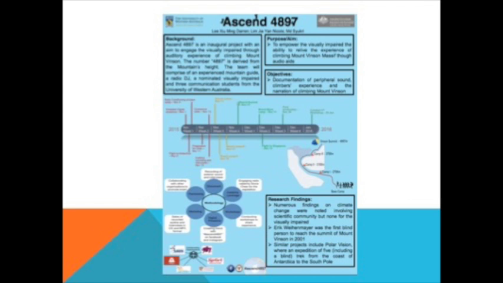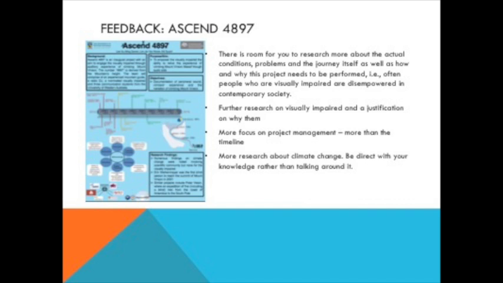So they had a timeline for the expedition, they had objectives, had done some research, preliminary research as well. The feedback that the teaching staff gave 4897 was that there could have been more research about the actual conditions, the problems and the journey itself, as well as how and why this project needs to be performed.